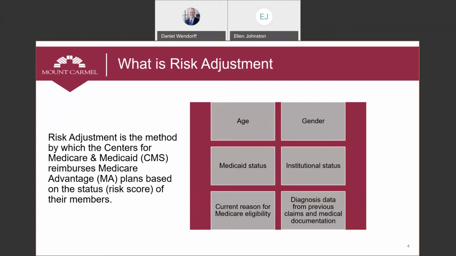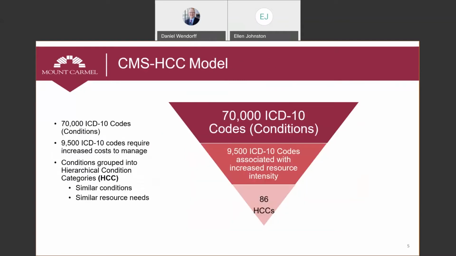There are 70,000 diagnosis codes included in ICD-10. Every year, each code is evaluated using CMS data to determine which codes utilize the most resources. Once that is done, the data is normalized so that an average Medicare Advantage patient has a risk score of 1.0. Around 9,500 diagnostic codes are determined to affect risk, and they each map to what is called a hierarchical condition category, or HCC.